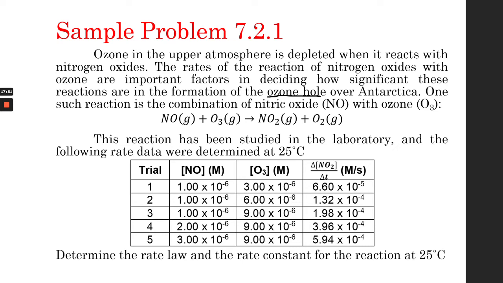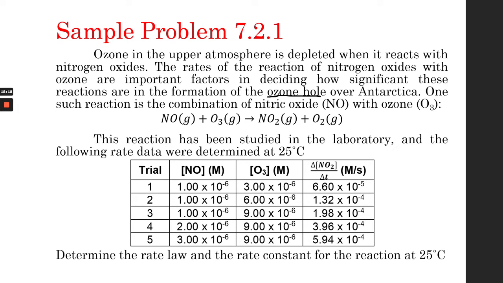in this situation in Antarctica. So they have already done the laboratory experiment at 25 degrees Celsius, and these are the trials run. So for trial 1, you have a certain molar concentration of your reactants, and then they measure the rate of the reaction. The rate that they used is the rate of appearance of NO2.